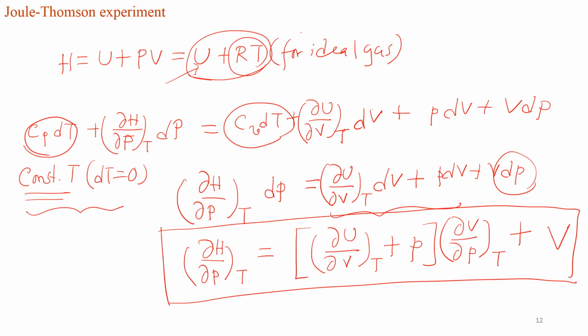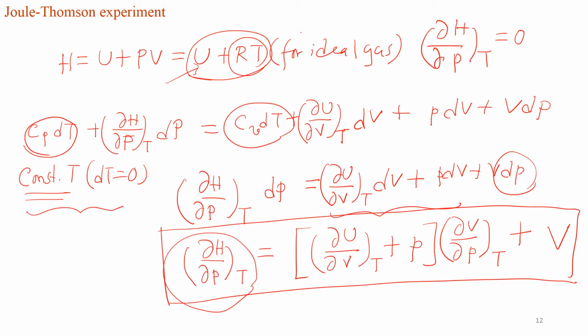So (∂H/∂P)_T should be 0 because we are keeping the temperature constant. Internal energy will not change, RT will also be constant, so their differential will be 0. So (∂H/∂P)_T is 0 for an ideal gas.